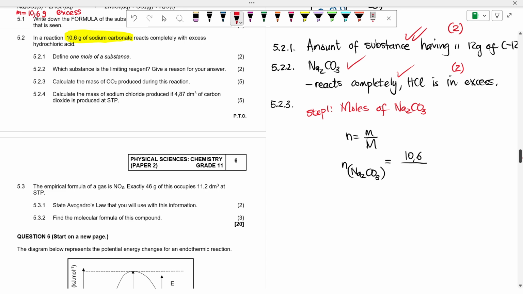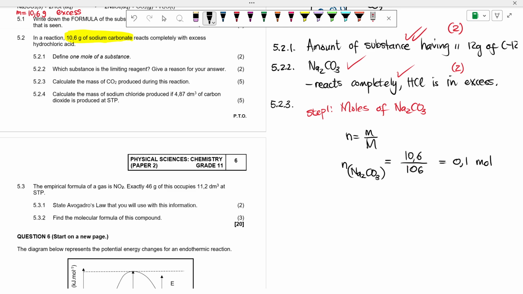Oh yeah, that's the final answer. Okay, what is the molar mass though? I guess to get 0.1, it means it has to be 106, but you'll check for me. It is 106. Okay, awesome. So we get 0.1 mole.